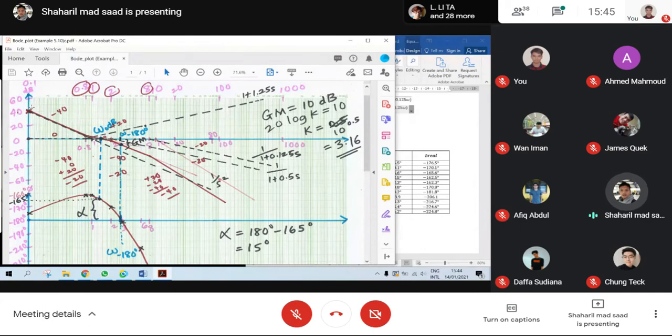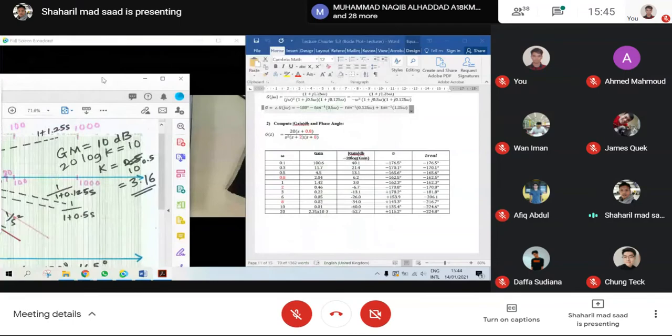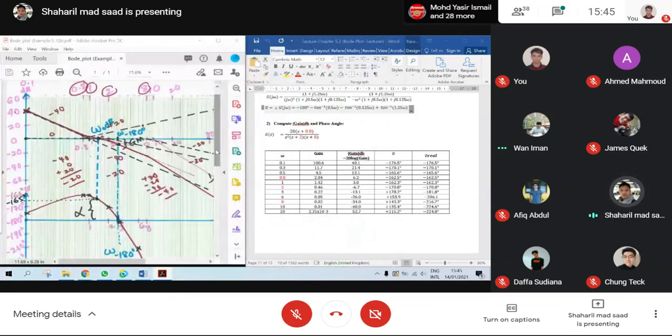The first one for 0.1 is equal to 40. Plot it. Simple, right? So you don't need to use the approximate asymptote. Okay, happy?